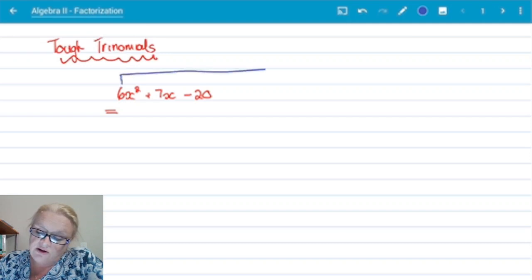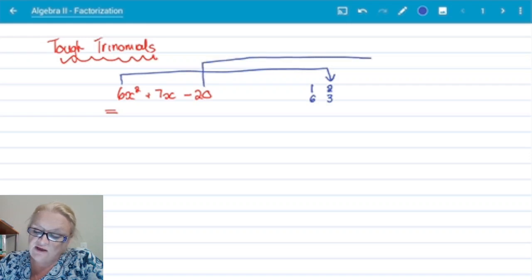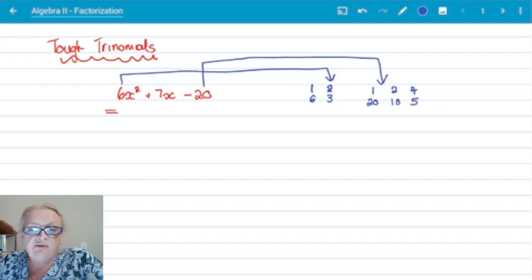We're going to start by writing down all the factors of the first guy. 1 times 6, 2 times 3. Then you're going to take all the factors of the last guy. 1 times 20, 2 times 10, and 4 times 5. See how I write them down almost like little fractions?